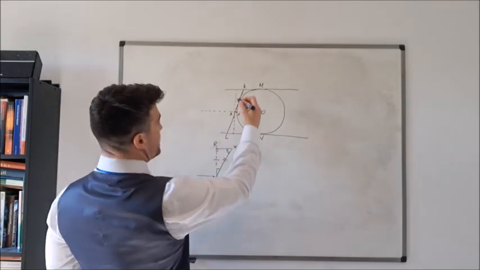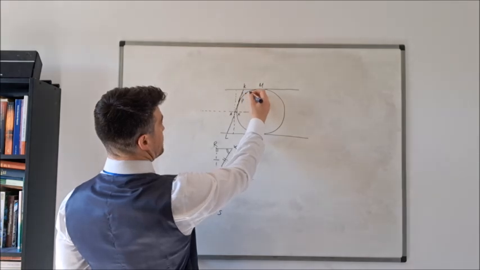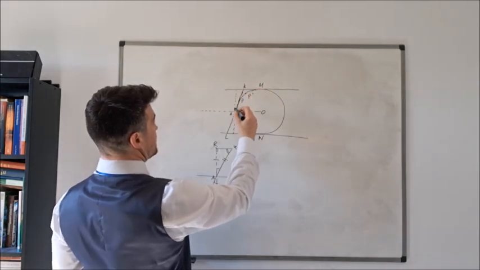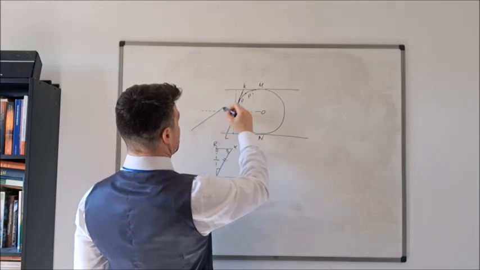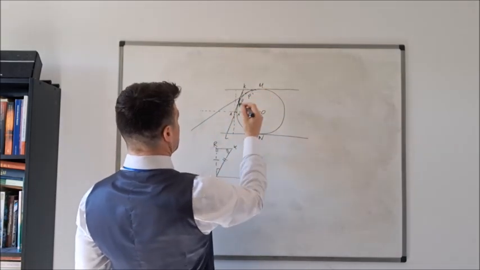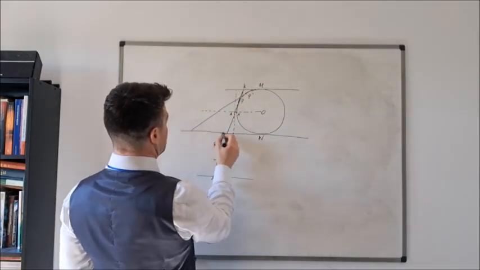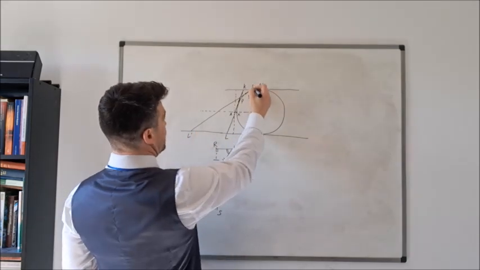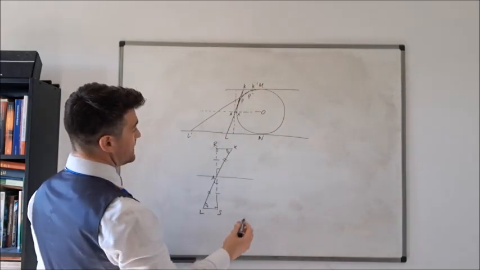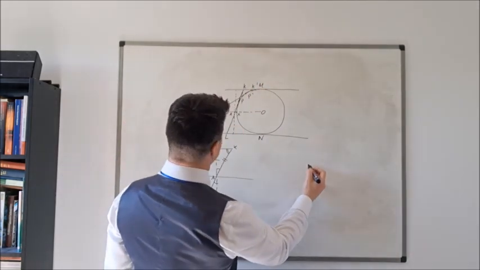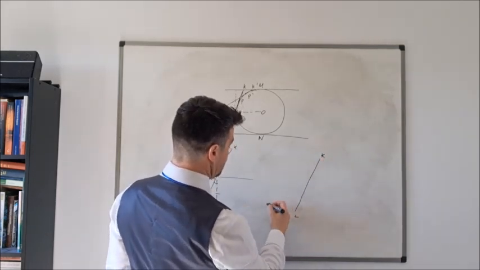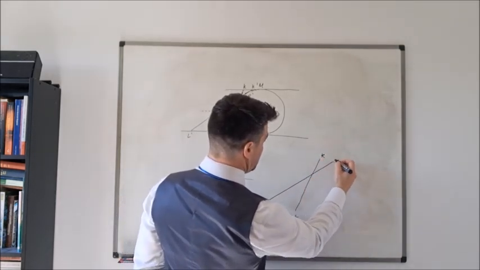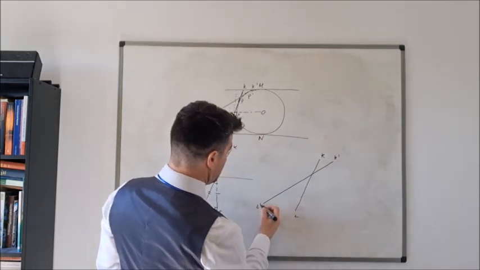If I choose another point here, P primed, and draw another tangent in here, I'll get L primed, I'll get K primed. So I'm going to get something that looks like this. K, L, K primed, L primed.